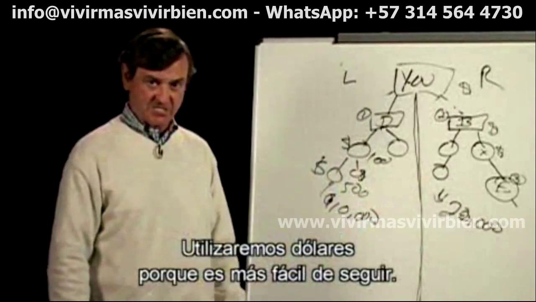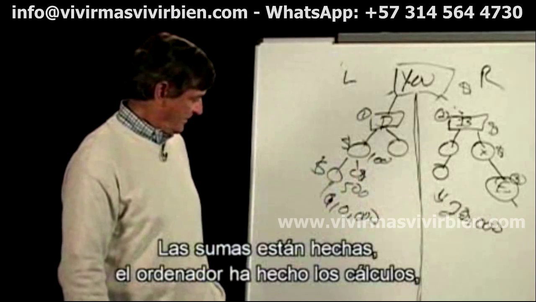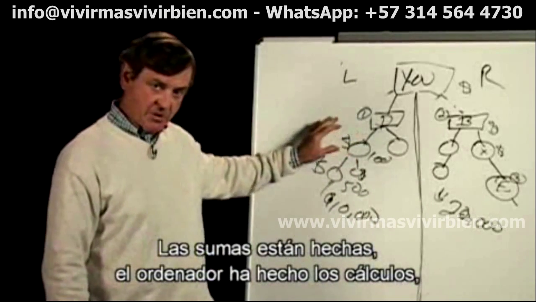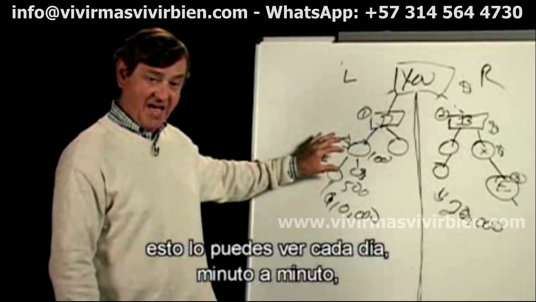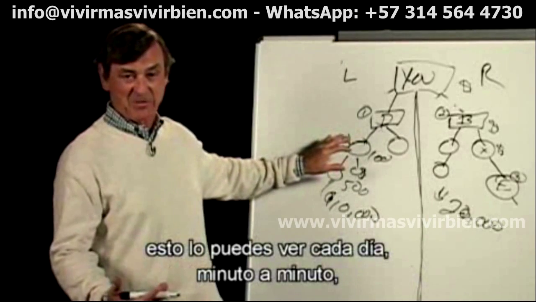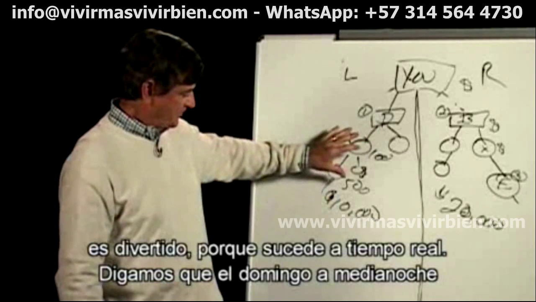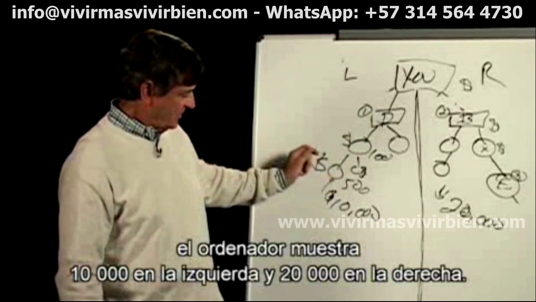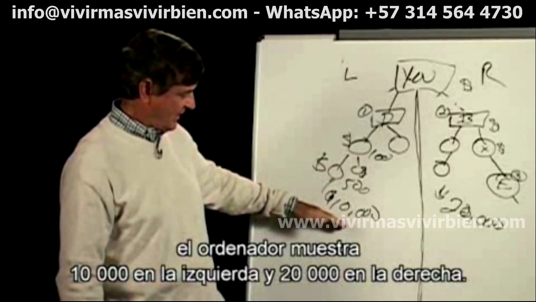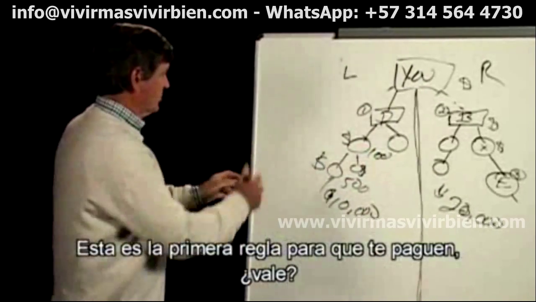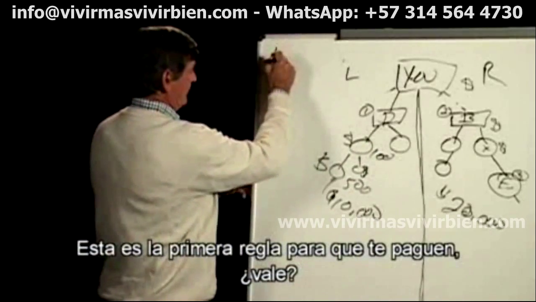But we'll use dollars because it's a little bit easier to follow. Okay, so the addition was done. The computer did all the calculations, and actually you can see it happening every day, every minute. It's kind of fun because it's real time. But let's say Sunday night at midnight, this is what the computer sees: 10,000 on the left, 20,000 on the right. Okay, now here's the first rule of getting paid.